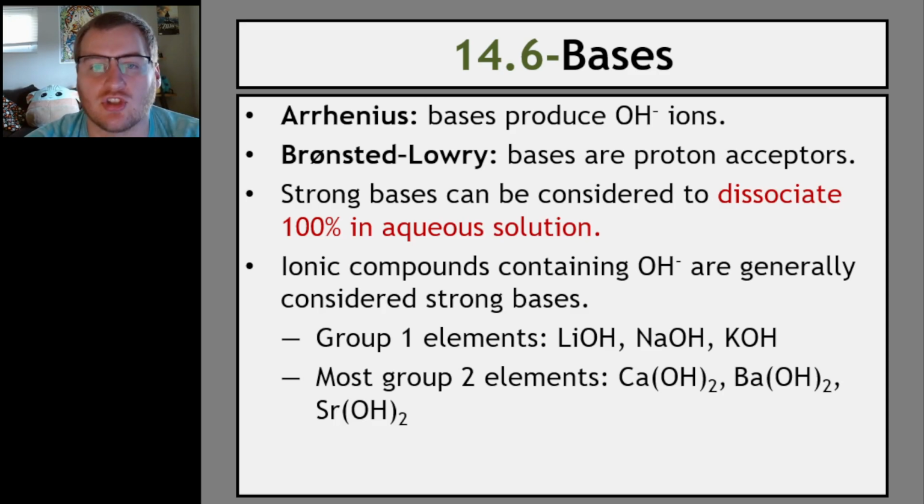Lithium hydroxide, sodium hydroxide, potassium hydroxide, and most of the group 2 elements. So these 3 group 2 elements are also strong bases with hydroxide: calcium hydroxide, barium hydroxide, and strontium hydroxide. All of these, when you dissolve them in water, will fully split apart into their cations and anions, like lithium and hydroxide, for example.